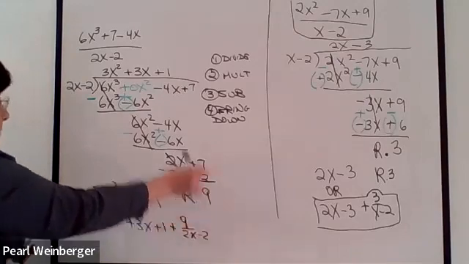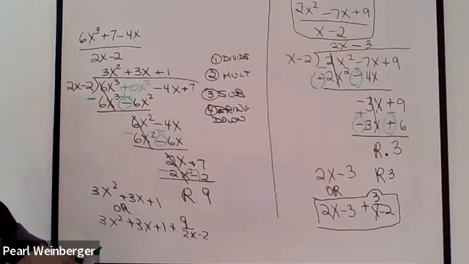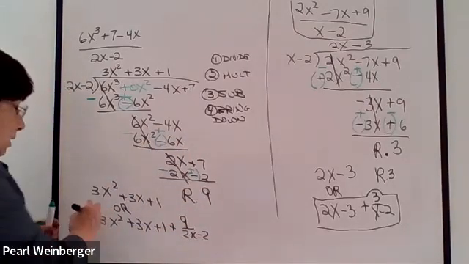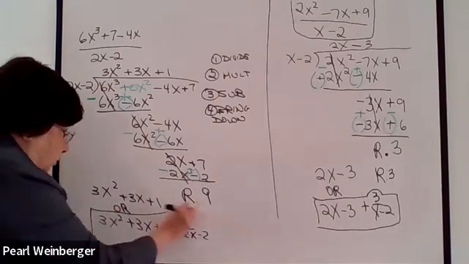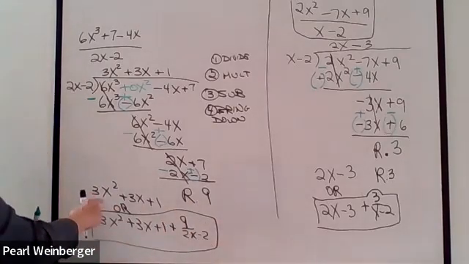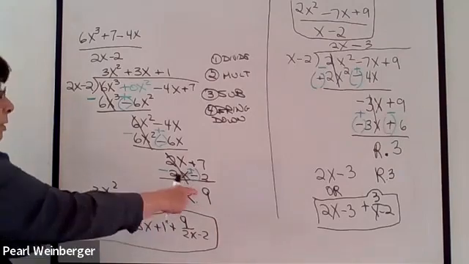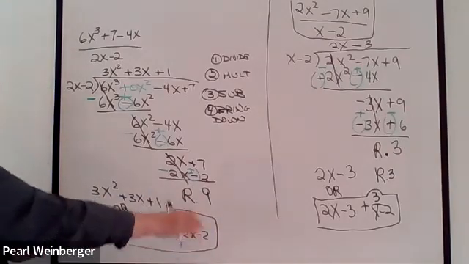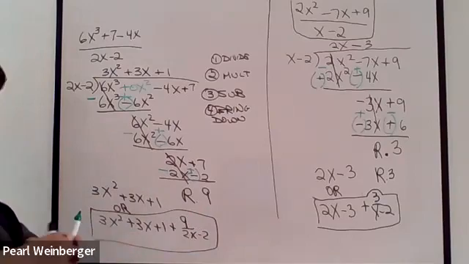Right, take your remainder, put it over the divisor. So your answer is 3x squared plus 3x plus 1 with a remainder of 9, or if you want to write it in a single format, this is your answer.